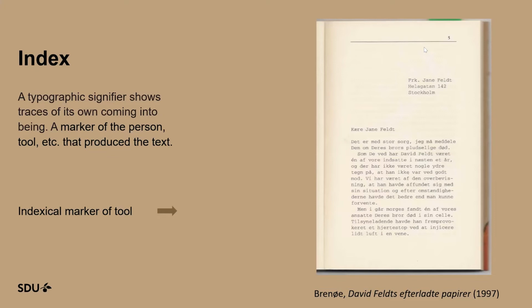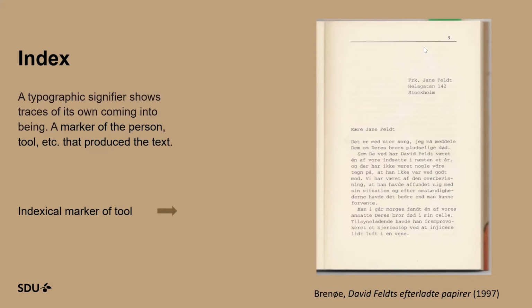But the thing is that the use of the archetypical typewriter typeface, Courier, can be seen as an indexical sign that the letter has been produced by a typewriter, with whatever meaning that creates. I'd like to return to Brenø's novel in a moment, so we'll get back to this.